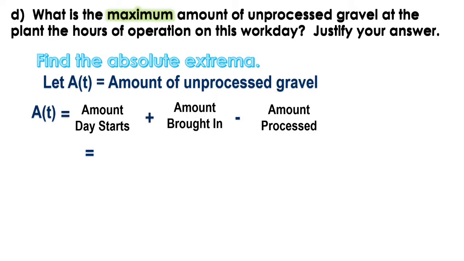Okay, so how are we going to figure out the amount the day starts with? It told us that the plant at time 0 had 500 tons. The amount that's brought in was that integral that we set up.